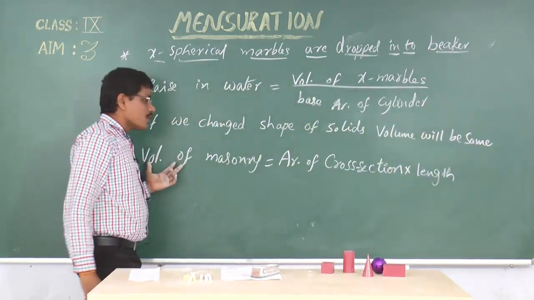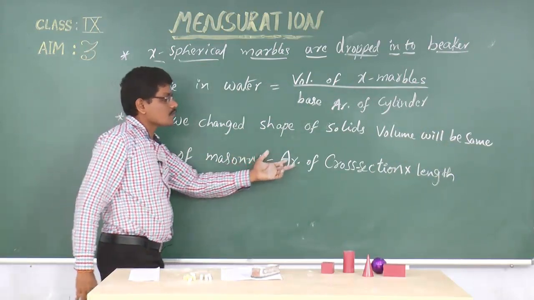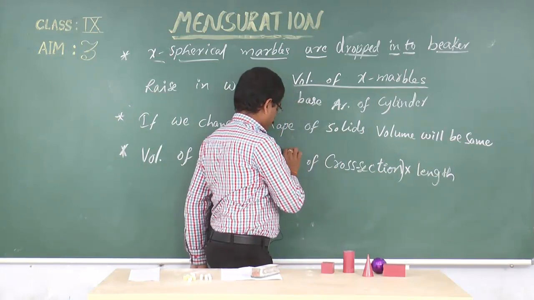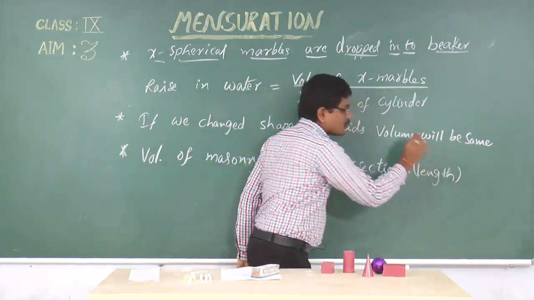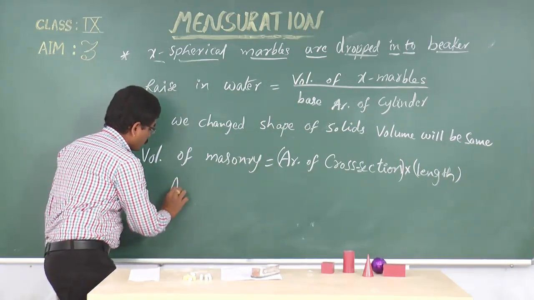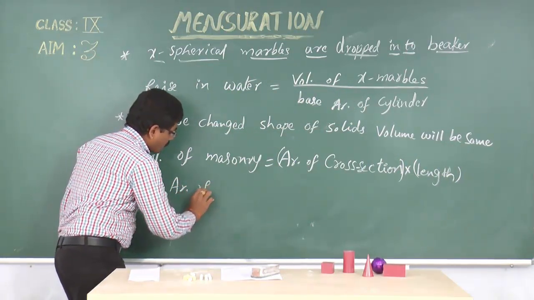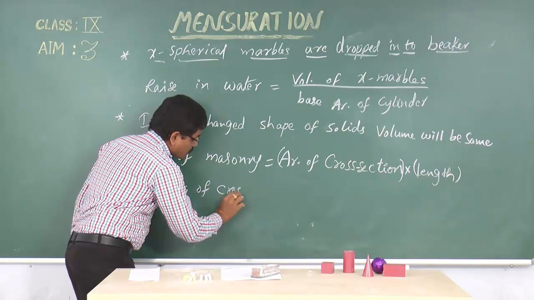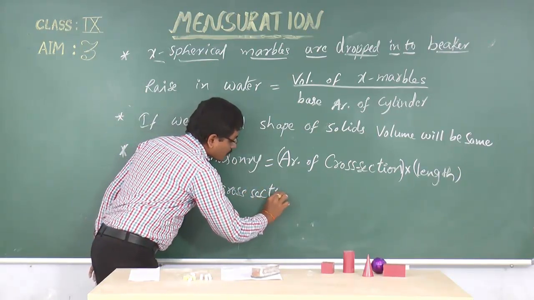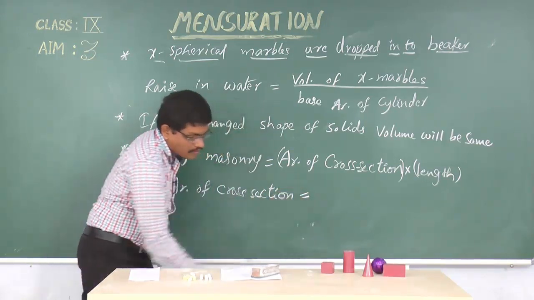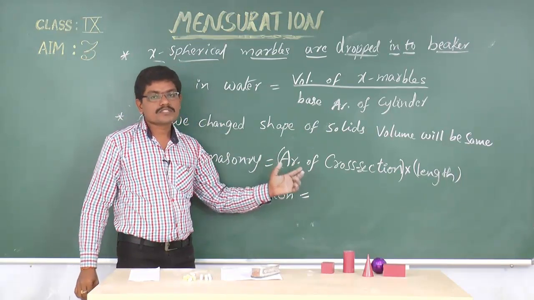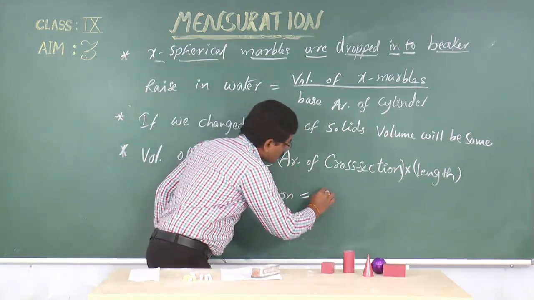Here the area of cross section is equal to area of rectangle plus area of semicircle.